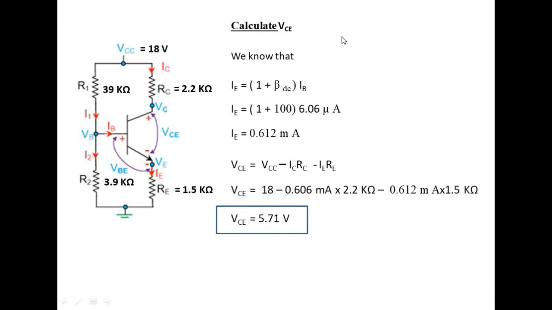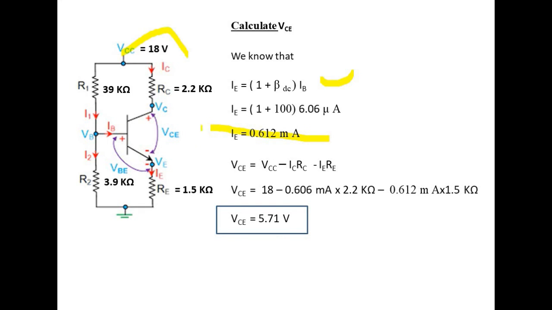Now we have to calculate VCE. We know that IE is equal to (1 plus beta DC) times IB. So IE will be equal to 101 into 6.06 microampere, value of IB. So IE is equal to 0.612 milliampere.